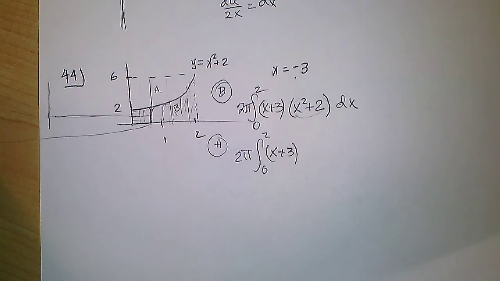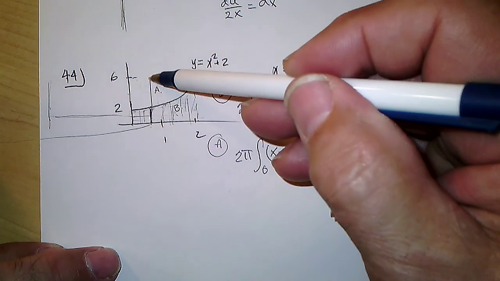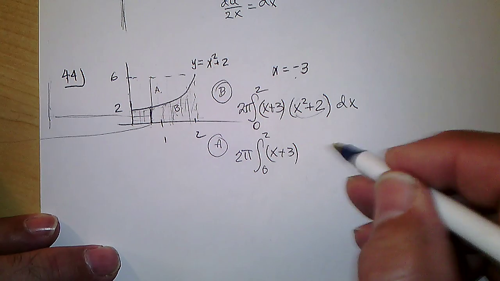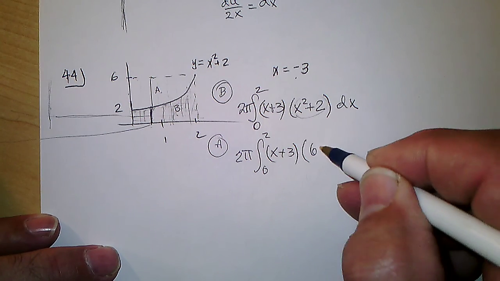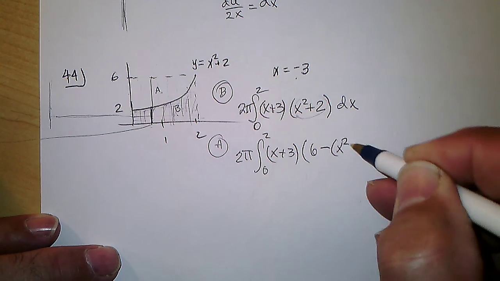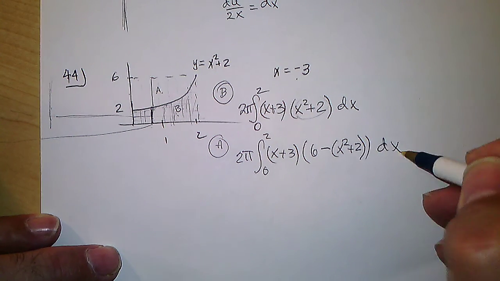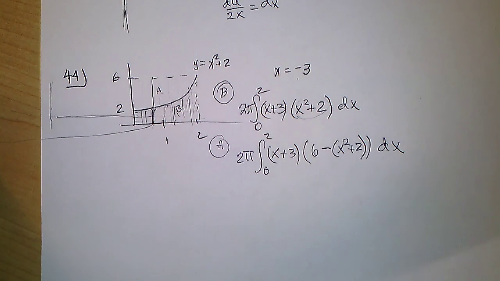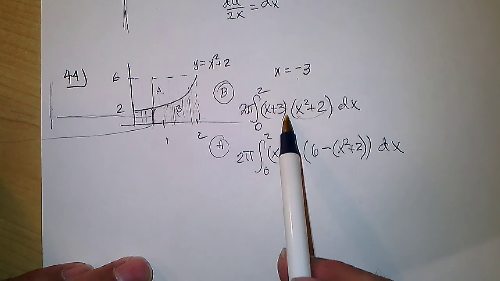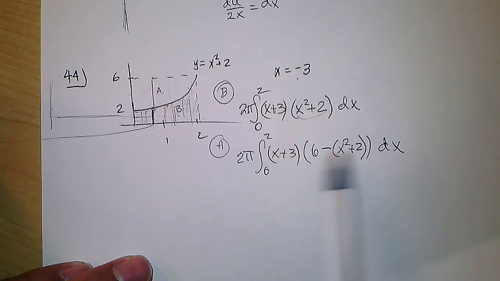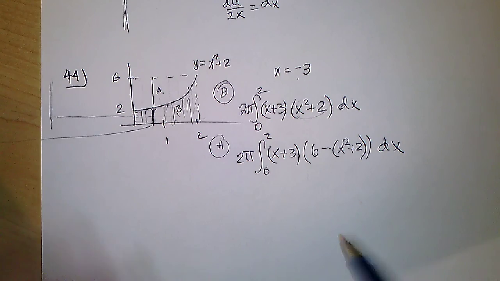The height would now be 6 minus x squared plus 2. And if you just multiply this stuff out, it's a pretty easy thing to integrate. If you simplify that and then FOIL it out, that's a pretty easy thing to integrate too. So that's the idea for 44.